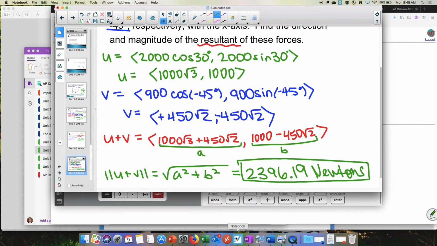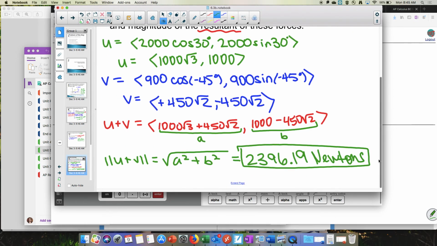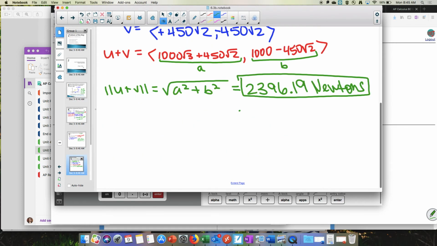Okay. I also wanted the direction angle. Okay. Well, we know that the tangent of theta is b over a, vertical over horizontal. Okay. Both a and b were positive numbers, weren't they, when we calculated those?